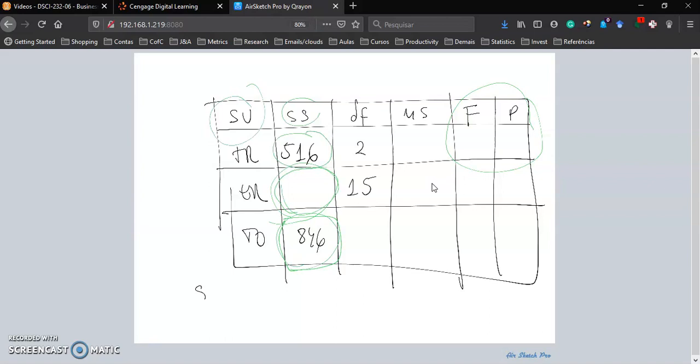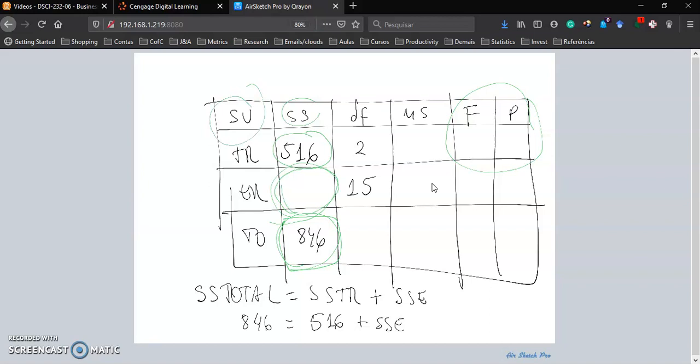So the sum of square total is equal to the sum of square treatment plus the sum of square error. So if my sum of square total is 846 and my sum of square treatment is 516, how much is my SSE?